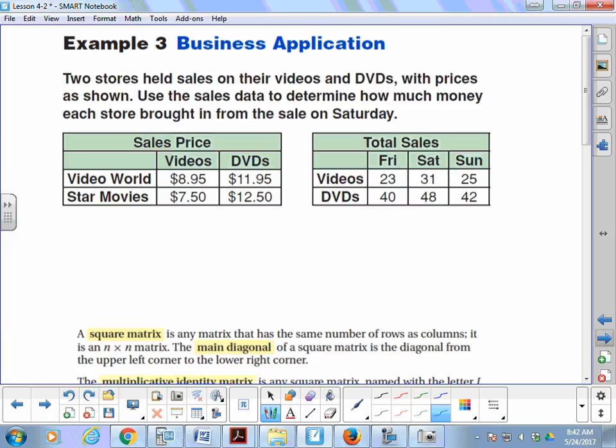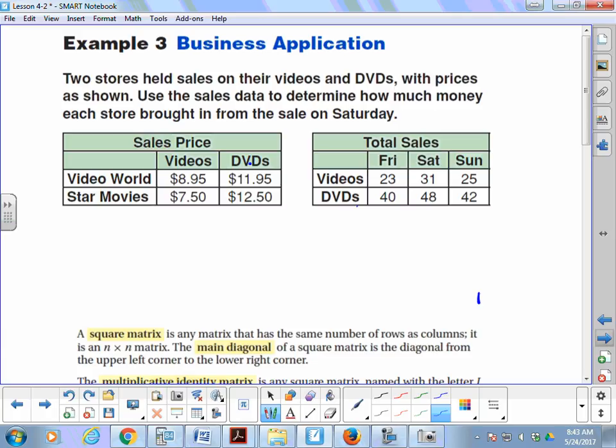These are how many they sold. Notice that the column for sale prices, the headings, matches the rows for the sales. So they have to be the same for this to be able to happen. Videos, DVDs are the columns here. Videos, DVDs are the rows here.